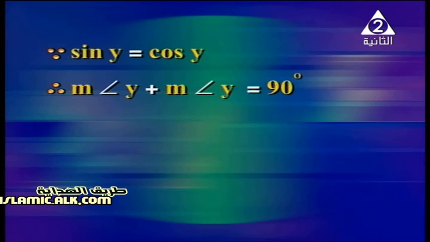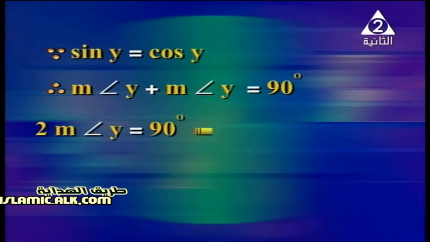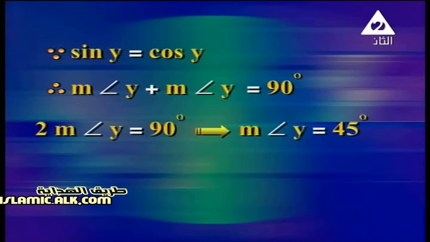Measure angle y plus measure angle y, it means double measure angle y equals 90 degrees. By dividing both sides by 2, you are going to obtain a result as measure angle y equals 45 degrees. Now you have angle x 85 degrees, measure angle y 45 degrees.